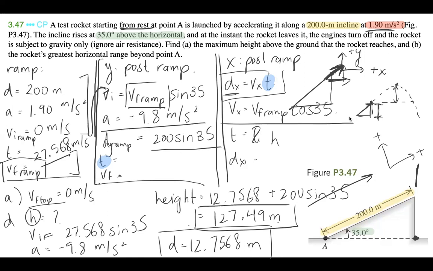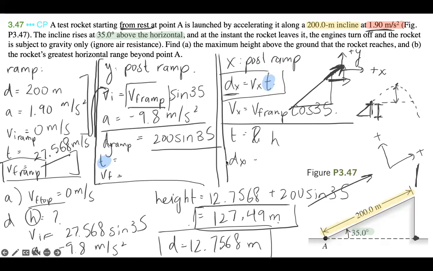And of course, if you're doing this question and I'm off by, we can see that this is 0.49. So if you get 0.51 and you round to 128, that should be fine. But it should be reasonably around 127.49. Okay, so there we have it for part A.